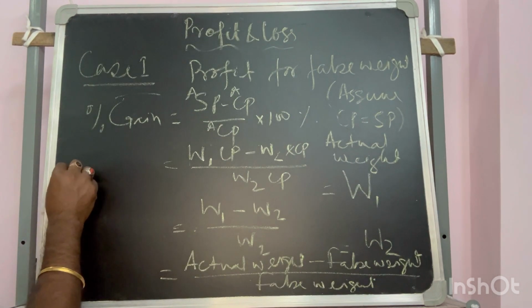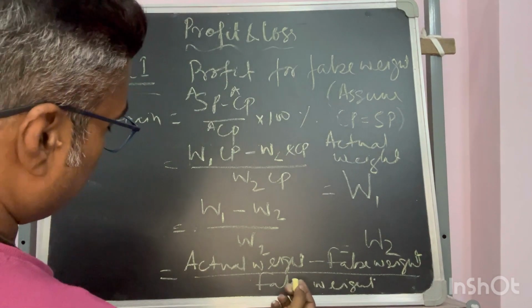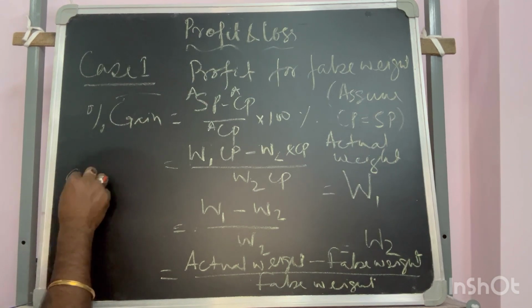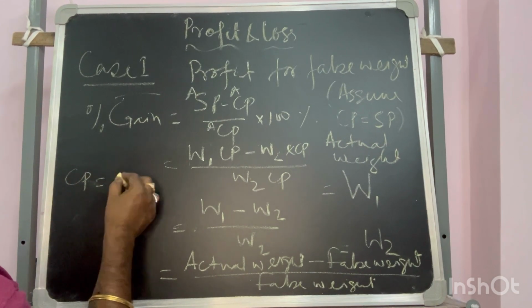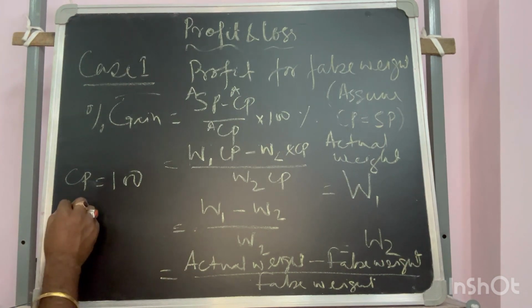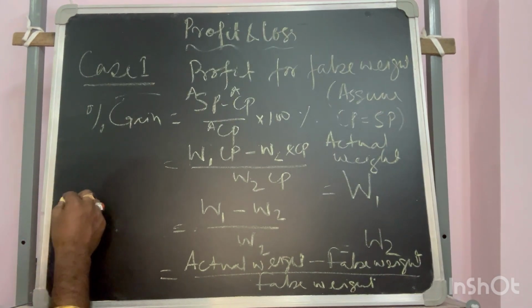Now, say the percentage gain, if somebody has a cost price of 100 rupees, the percentage gain for this case... not like that. I'm taking an example.